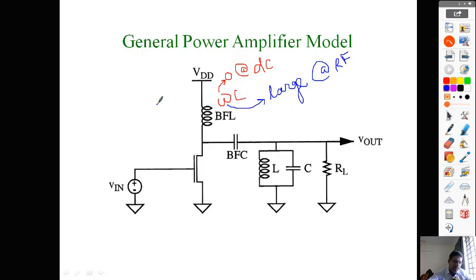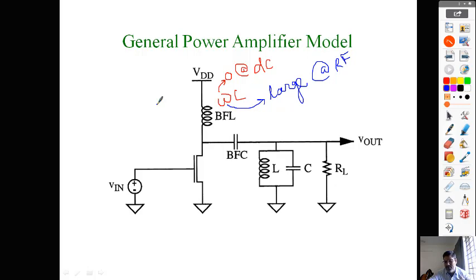Therefore, in class B push-pull type also, the output is not sinusoidal. It will be a pulsed type output, and there will be crossover distortion, because one transistor will take some time to turn on or turn off. The transistor will not turn on or off abruptly or instantaneously.